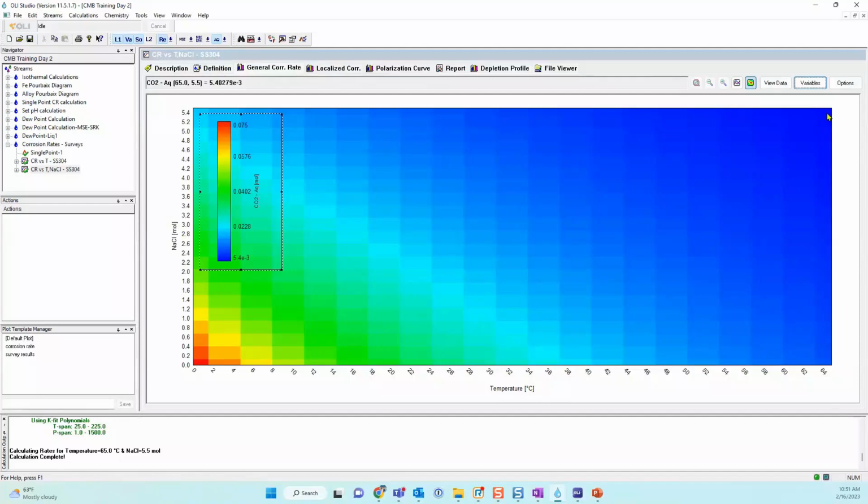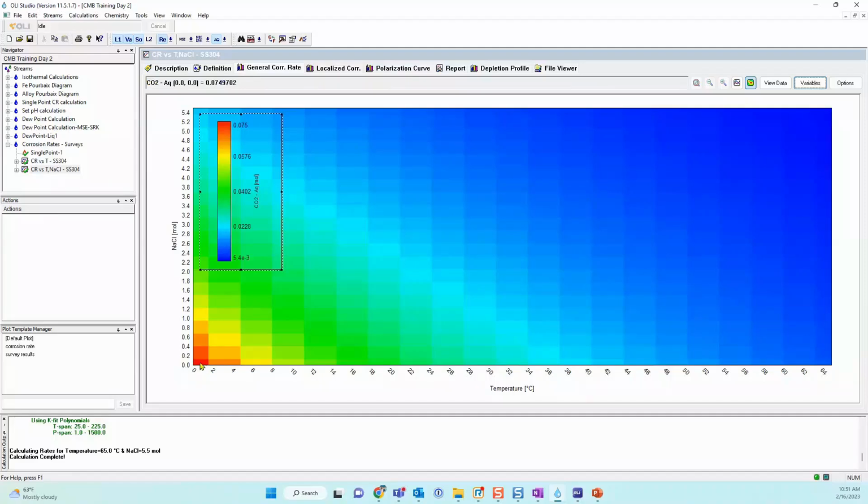As you increase the temperature, you're removing the CO2 from the liquid phase, and also you have the salting out effect, where when you increase the concentration of a salt, the solubility of gases such as CO2 also decreases. And only when you have low temperatures and low concentrations of sodium chloride do you have higher concentration of CO2 dissolved in solution.